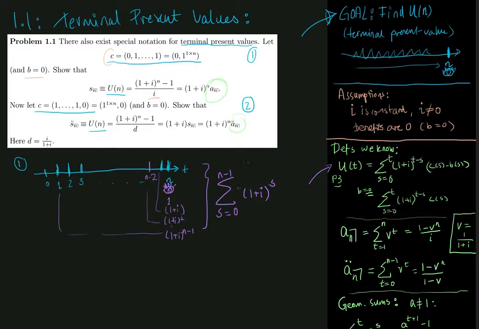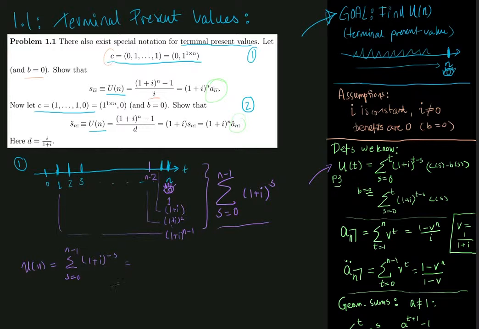So the present value of the payment stream C at time n is given by this sum. And that's very nice, because if I write that up, u of n is equal to the sum of 1 plus i to the s for s equals 0 all the way up to n minus 1.